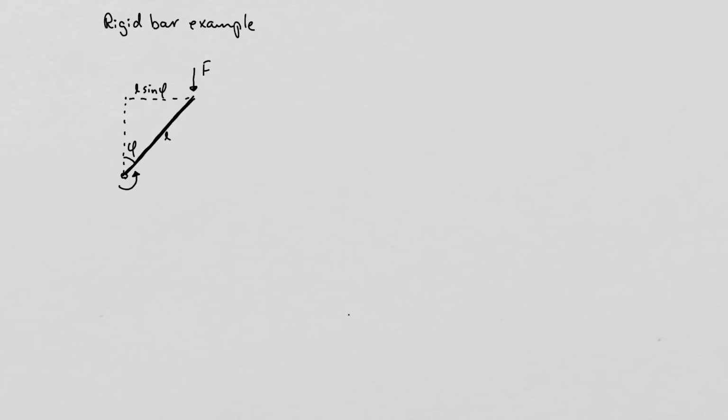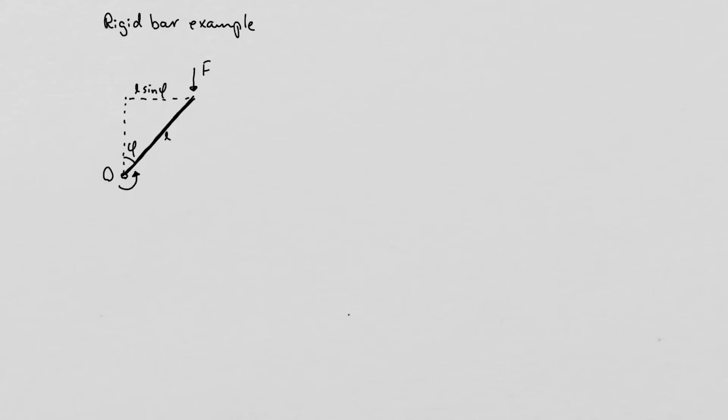Well, we assume that we have this rotated position, and then we try to compute the angle phi that we have to have in order for this position to be in equilibrium. So now we're back to statics. How do we find an equilibrium? Well, we could use sum of forces and sum of moments. So let's use the sum of moments around the rotating point. The rotating point is O here. So what forces do we have in the system?